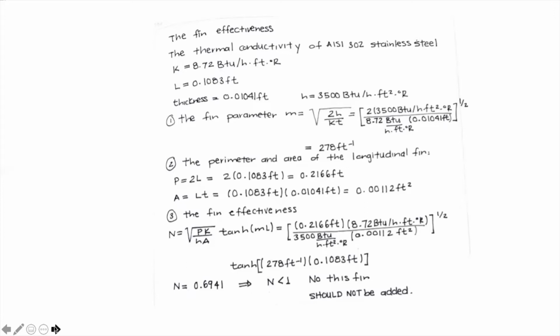The area is L times T, length times thickness. So the fin effectiveness is 0.69. So it's less than 1, which means that we should not add the fin, right?